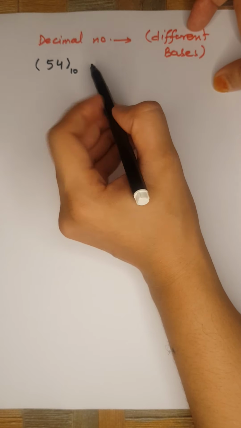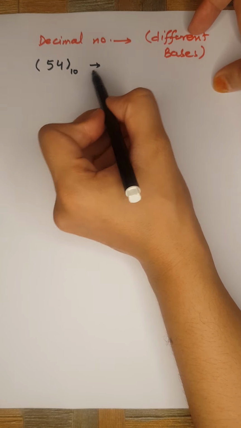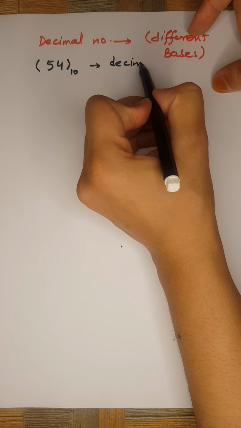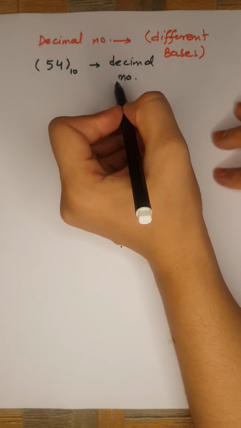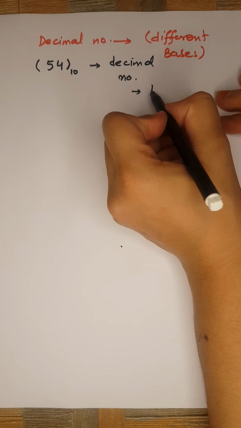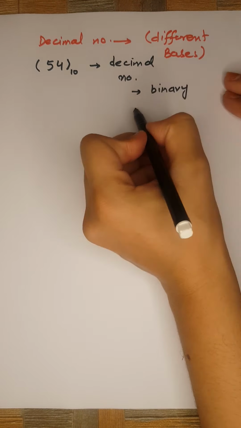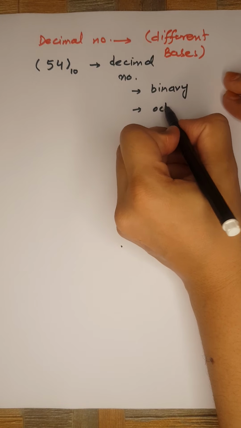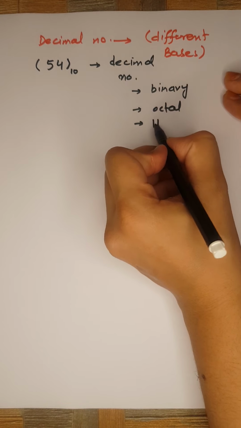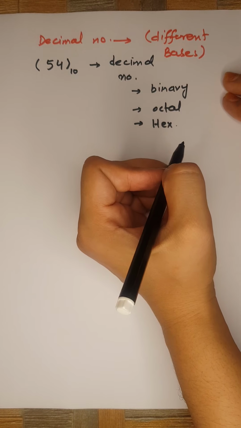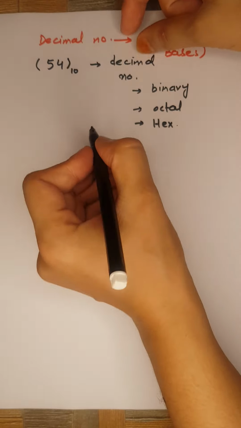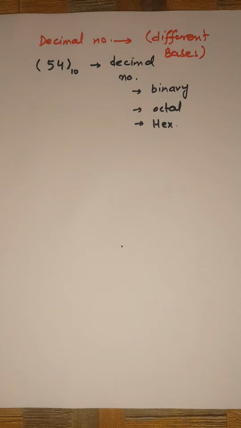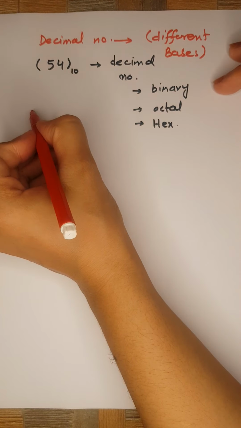So this is basically a decimal number. Fine. Now let's convert this decimal number into binary, then into octal, and finally into hex. Then I will perform the reverse task where a hex, octal or binary number will be converted into the decimal number. So let's start with the conversion of a decimal number into binary.